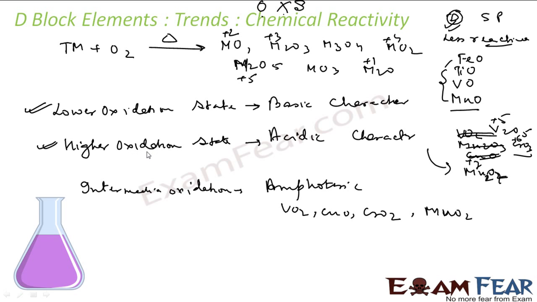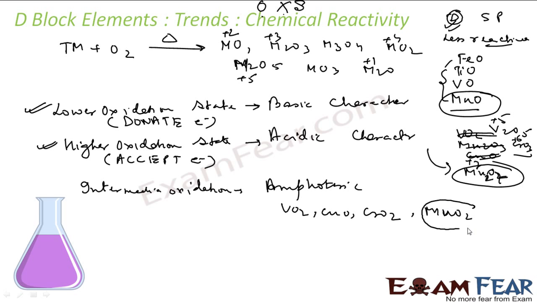So no free electrons are available, and thus they accept electrons and act as acid. Those with free electrons sometimes donate electrons and act as base. A good example: MnO is base, Mn2O7 is acidic, and MnO2 is amphoteric.